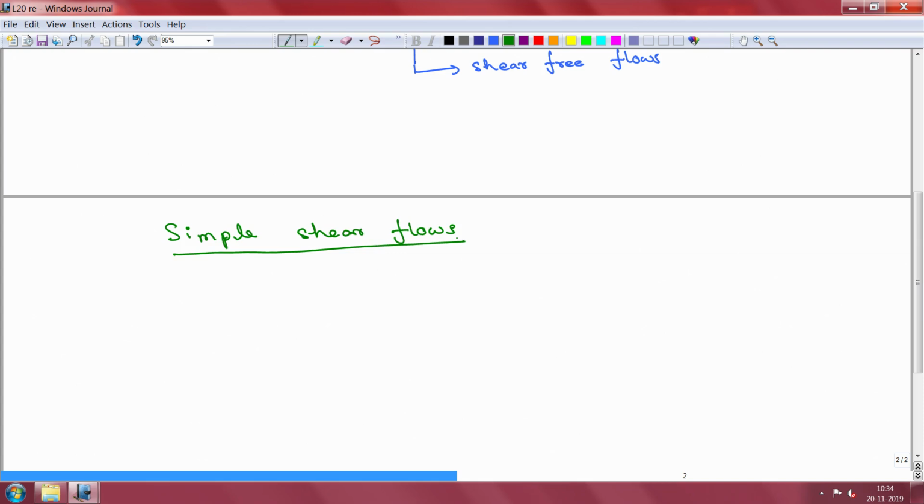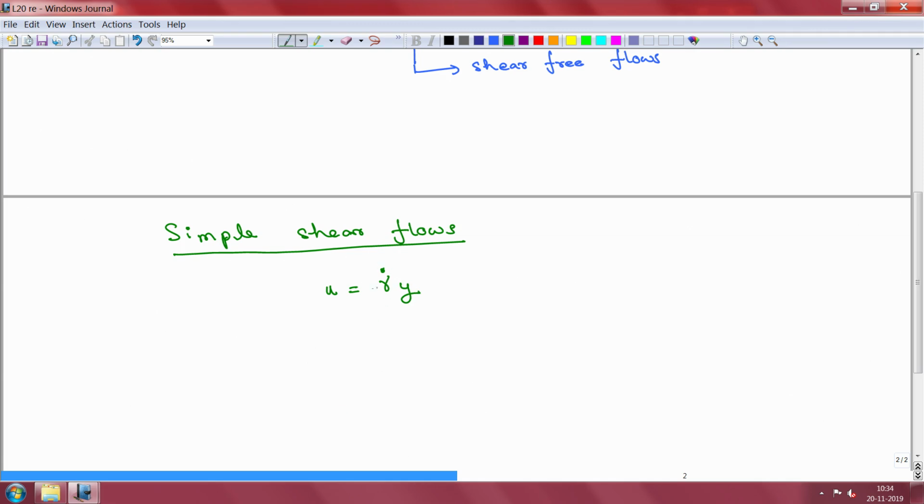A simple shear flow is such a flow where the velocity field is given by... You will have three components of velocity for any general flow. For a simple shear flow, we say that the velocity u should be of the form gamma dot times y.